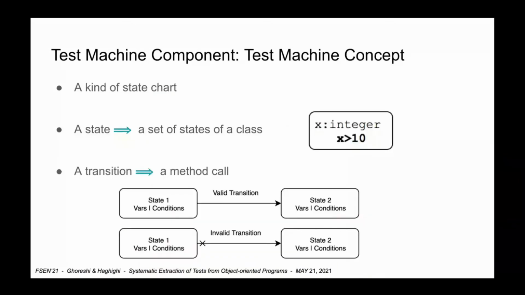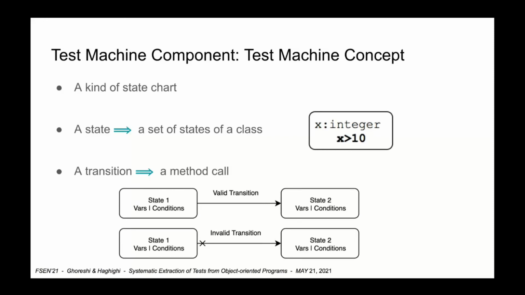Talking about the test machine concept. The test machine is a kind of state chart that consists of several states and several transitions. Each state contains a set of class variables with conditions on them. A state is, in fact, a set of states of a class. Test machine states make it possible to display the entire state of a class in several abstract states.